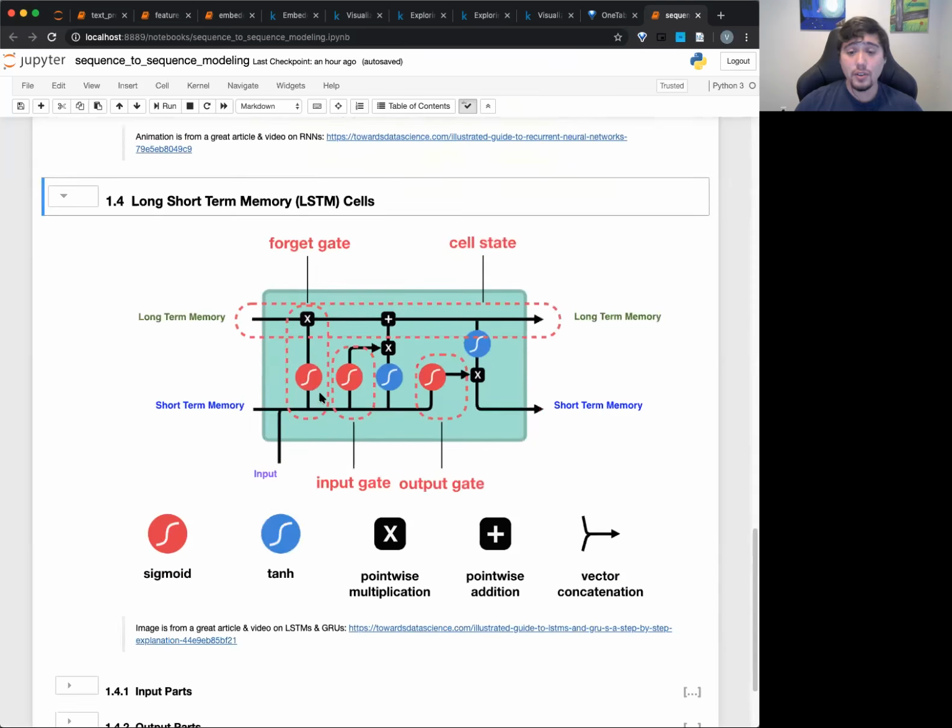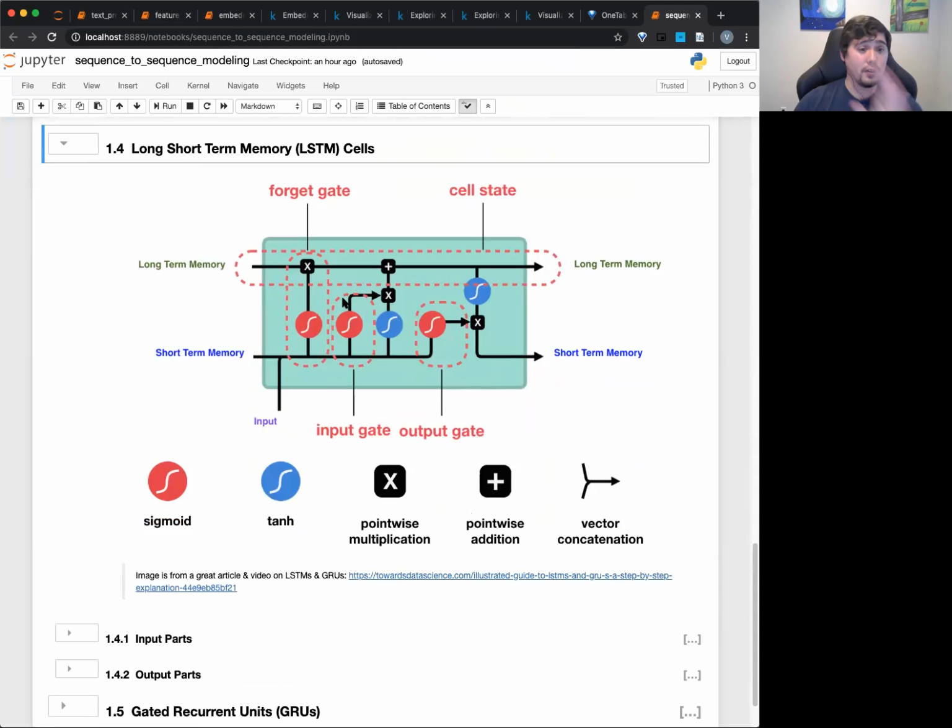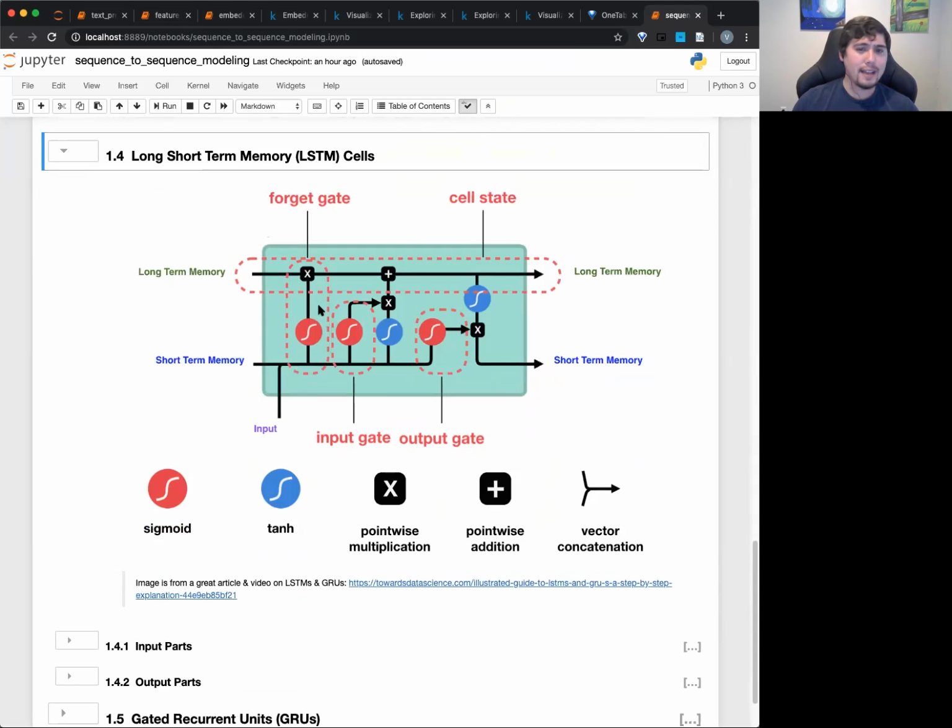Don't get too intimidated by exactly what's going on here. It's not super important by itself. People have asked me why it's structured this way. It basically just tends to work, and that's kind of the idea. There's some reason behind it, but you can read the paper if you really want to get into it.